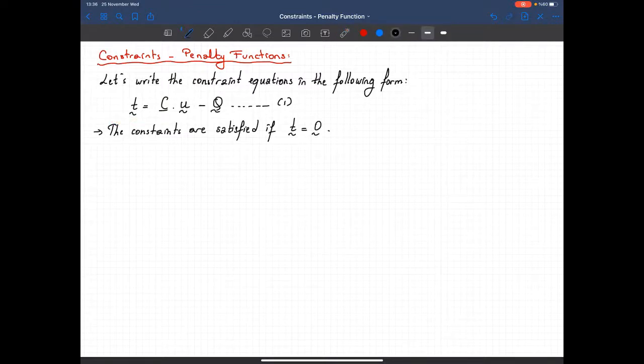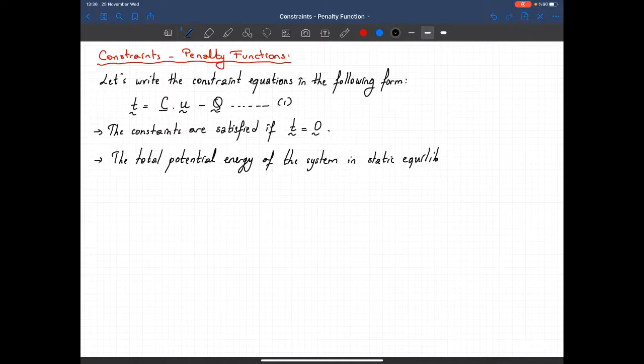Now, let's write the total potential energy of the system. Of any structure in static equilibrium is as follows. And I will write it in matrix form.